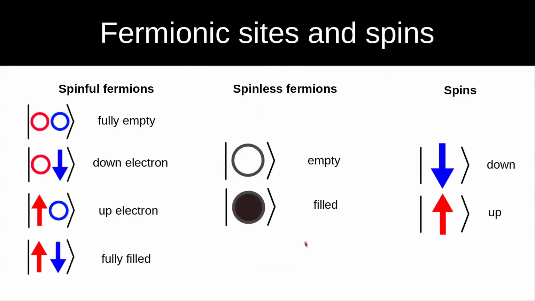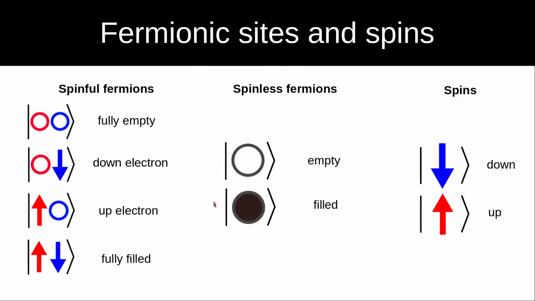And in particular, one can think that when dealing with fermionic systems, we can have two different types of fermionic sites. The type of fermionic site that we discussed before is the spinless fermion case. So we consider that in each level, we can either have 0 electrons or 1 electron. So we can have the state either empty or filled.